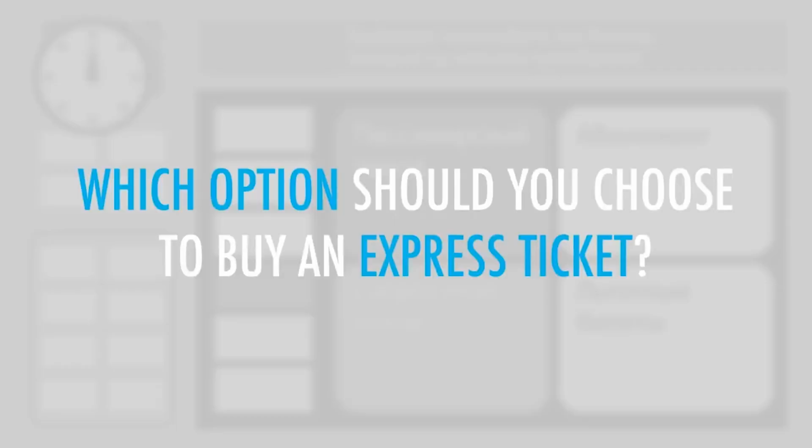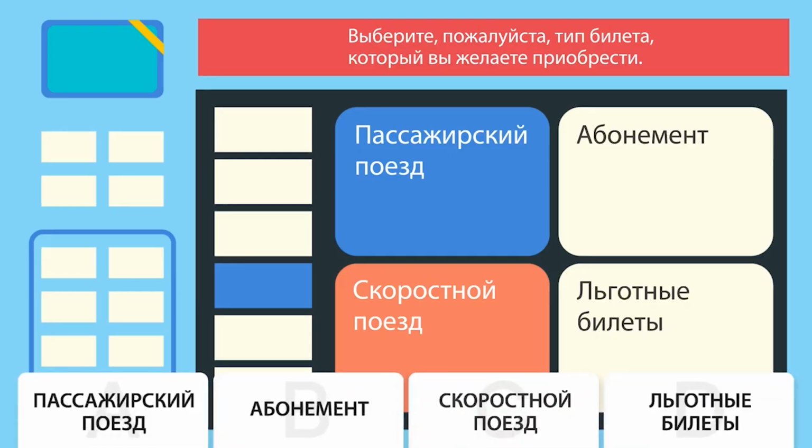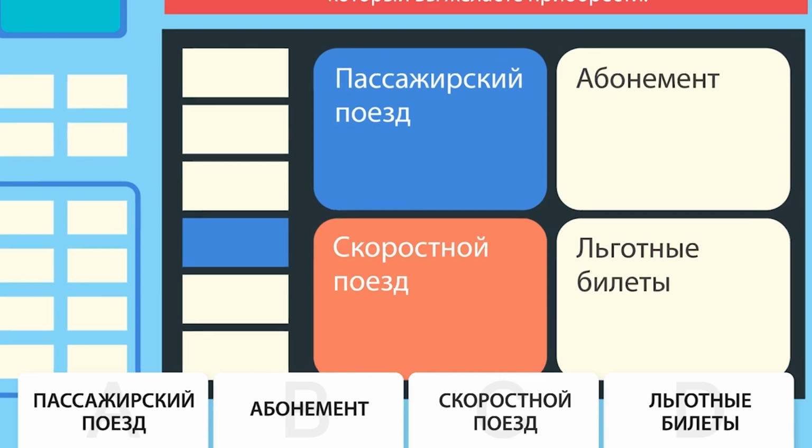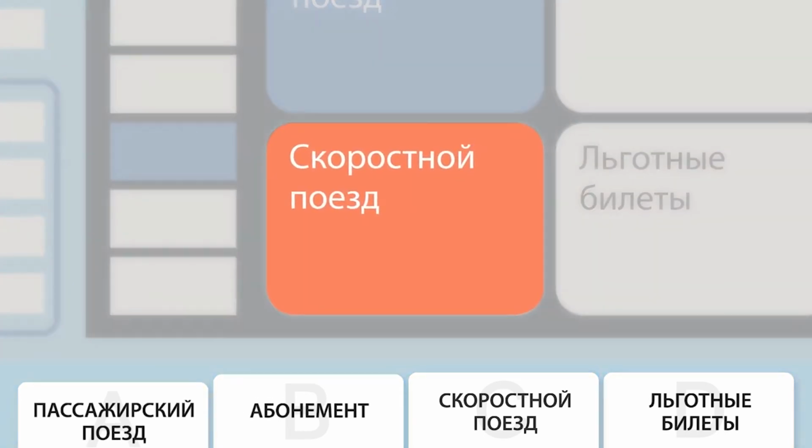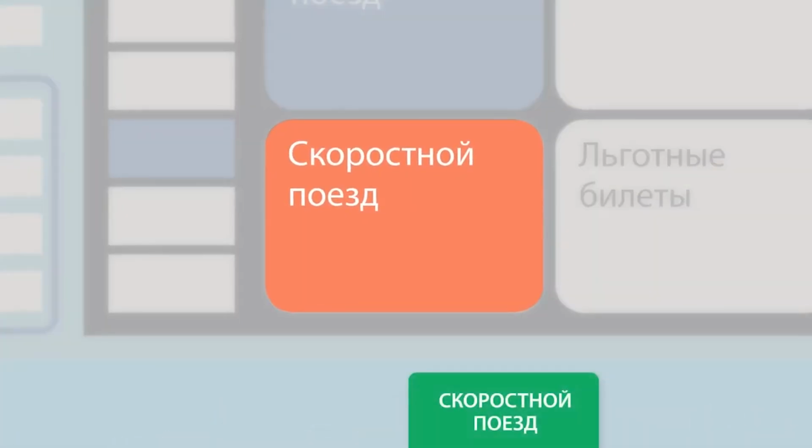The option on the bottom left is for an express train. Скоростной поезд.